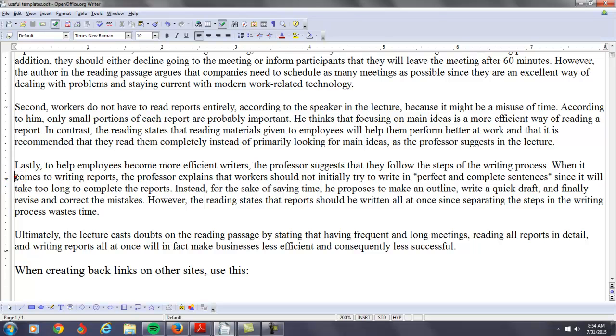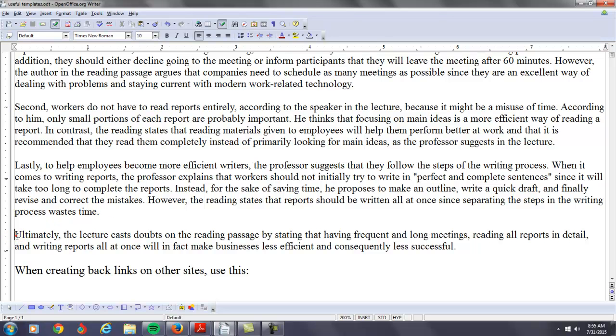When it comes to writing reports, the professor explains that workers should not initially try to write imperfect and complete sentences since it will take too long to complete the reports. Instead, for the sake of saving time, he proposes to make an outline, write a quick draft, and finally revise and correct the mistakes. However, the reading states that reports should be written all at once since separating the steps in the writing process wastes time.